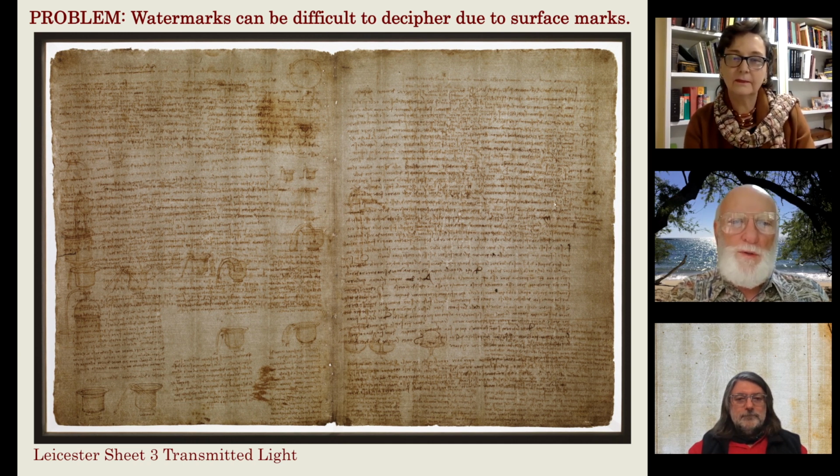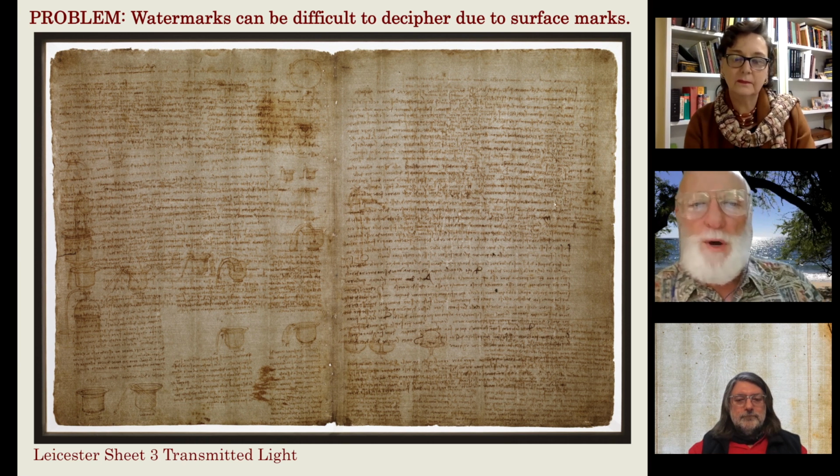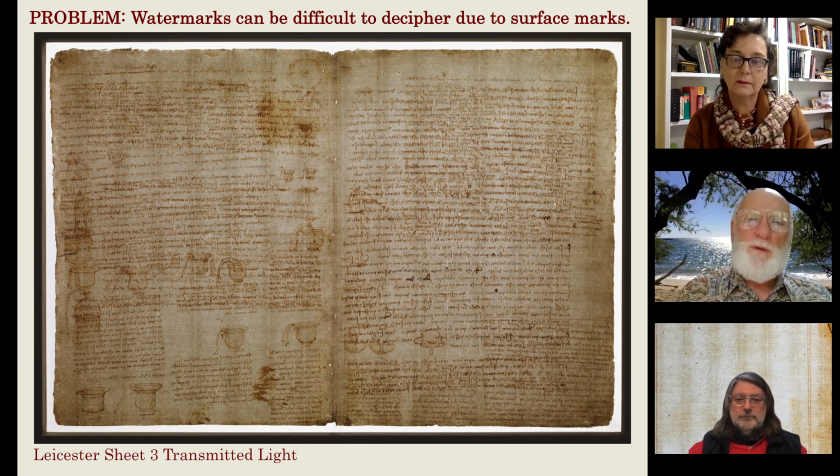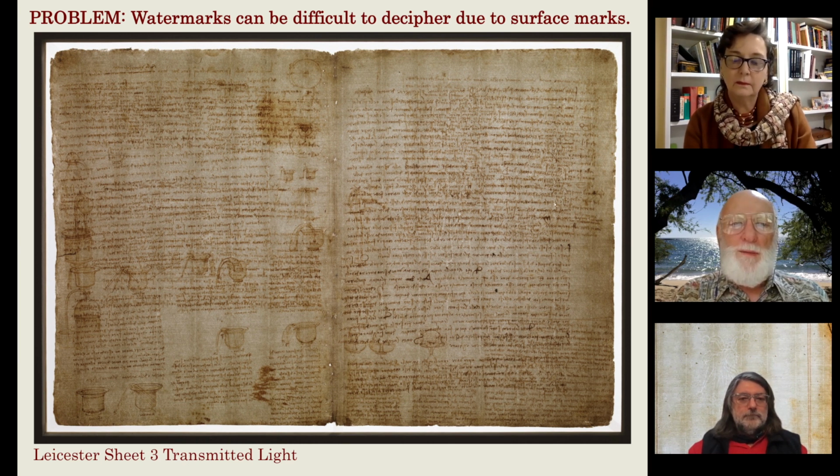And so there are figures and drawings on both sides of the sheet. You can see some vertical dark shadows with a lighter piece in the middle. Those are the evidence of the chain lines. The laid lines are at this scale not necessarily visible, except maybe in the margins.